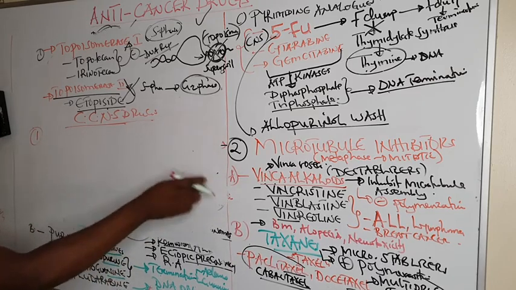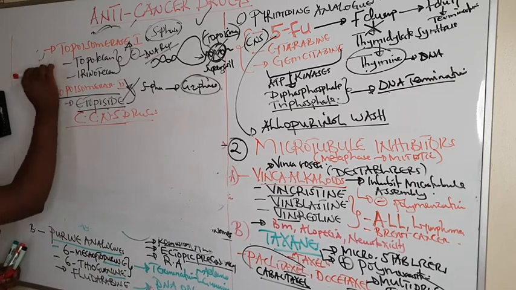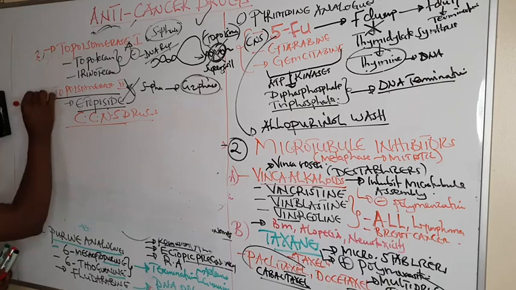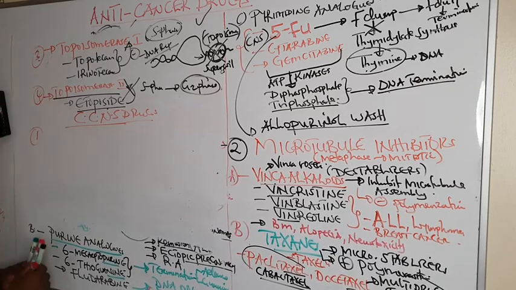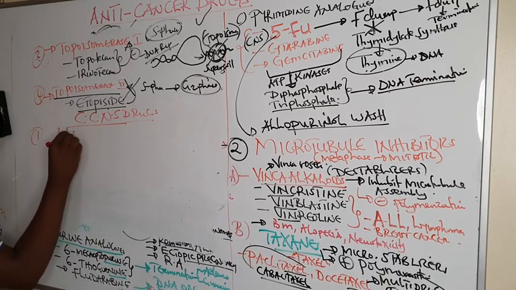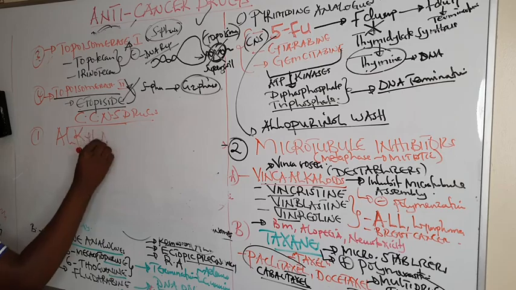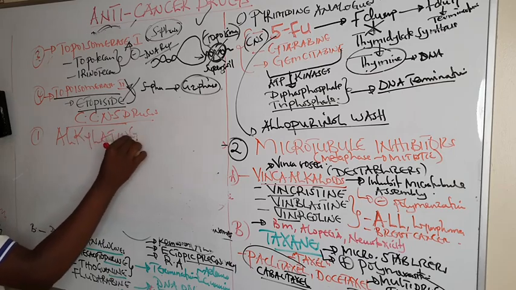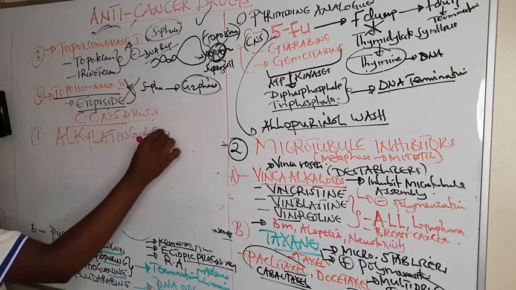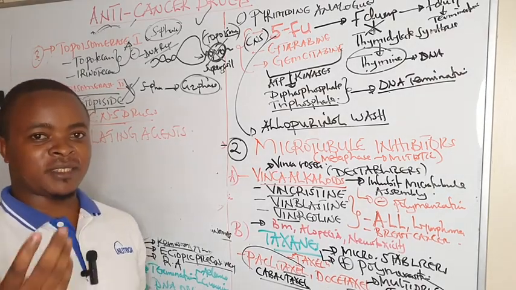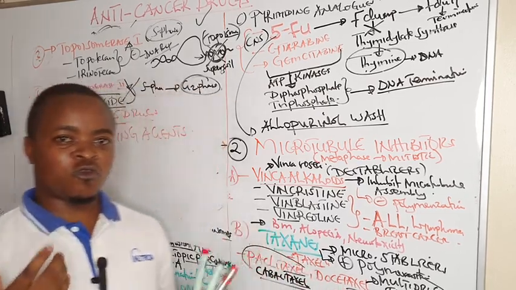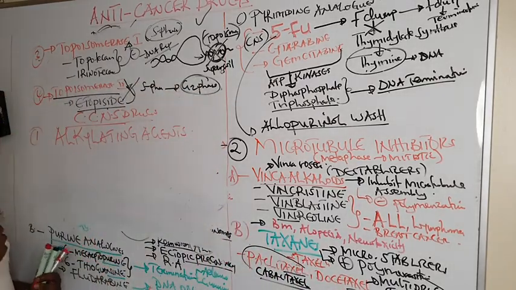So here we have finished with the classes 2, 3, and 4 under cell cycle specific. So now let us look at alkylating agents. As their name suggests, these drugs cause alkylation.